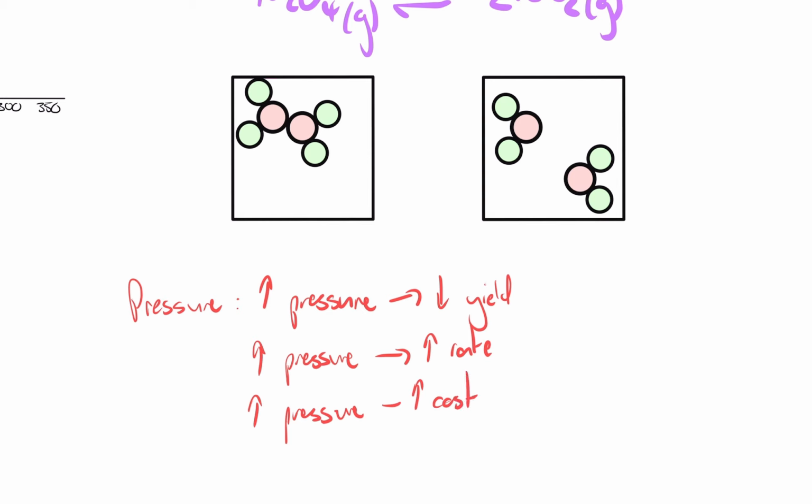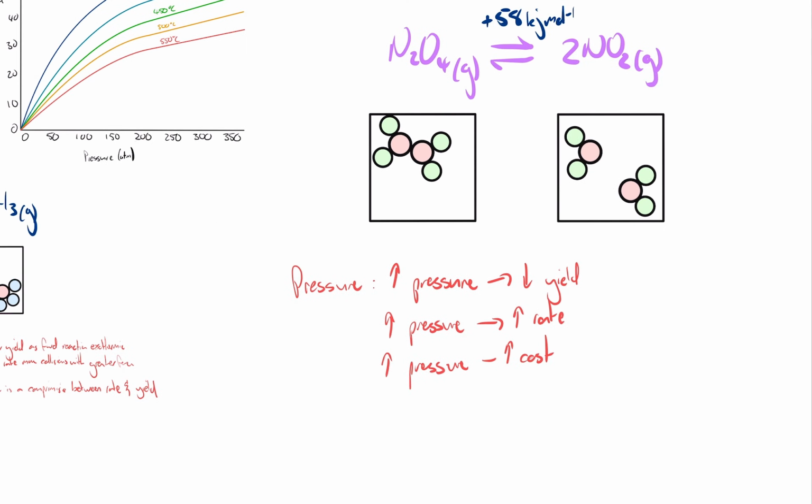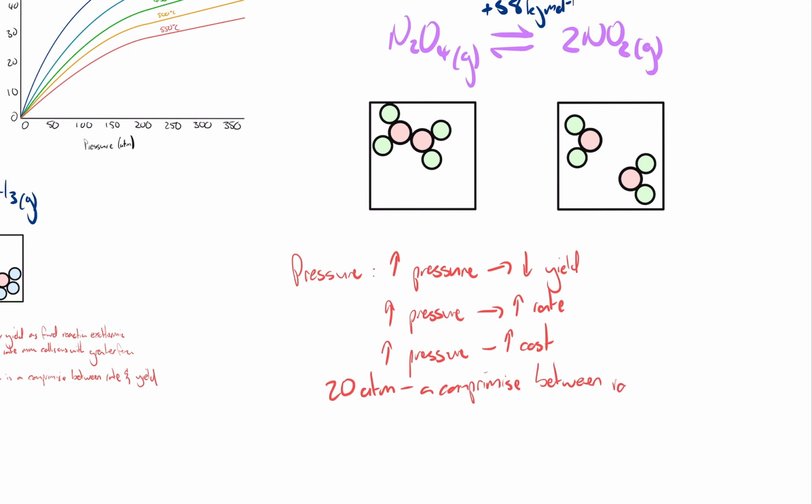So there, we're probably going to use a minimal amount of pressure, maybe a few ATM, so maybe 20 ATM. Again, this is really a guess, but it's showing that you've considered all of the different factors here. ATM, a compromise between rates and yield.